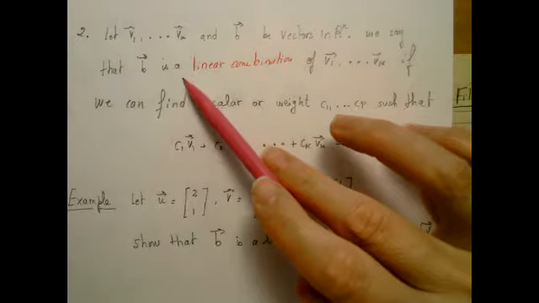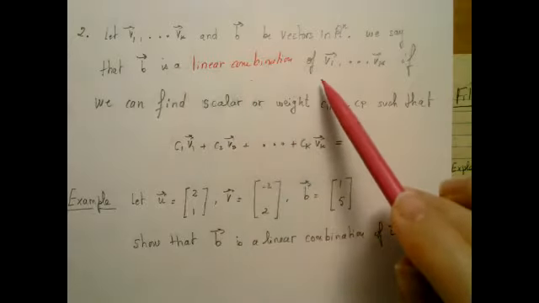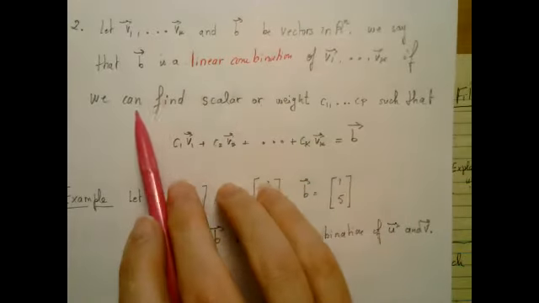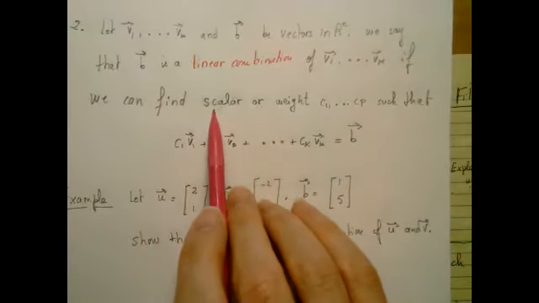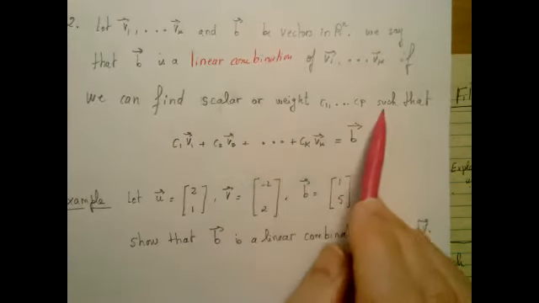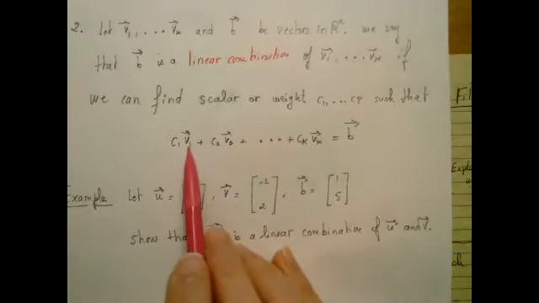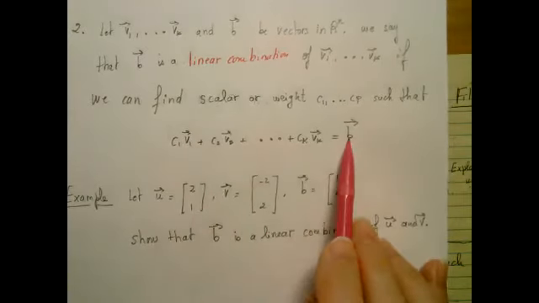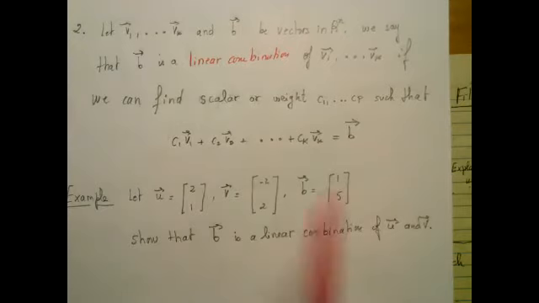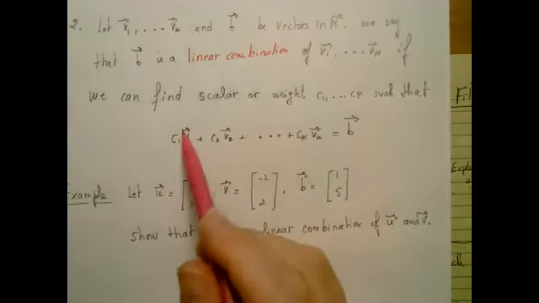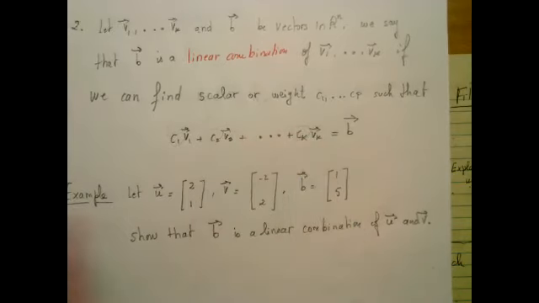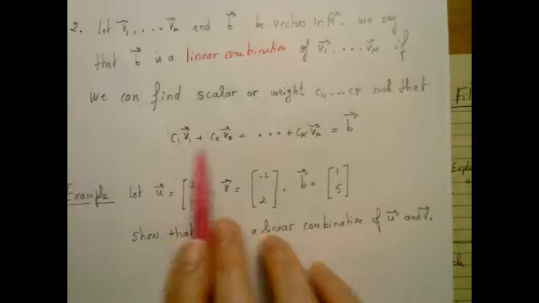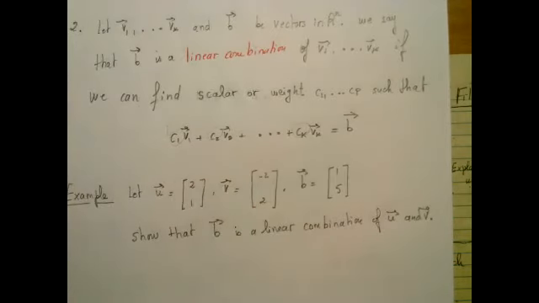We say that B is a linear combination of those vectors if I can find scalars or weights, C1, C2, all the way to CP, such that when I put weight on those vectors and add them, I can hit the vector B. So B is a linear combination if it is possible to find weights that will give me B. It means it's possible to stretch V1, V2, V3 and add them so I get B.